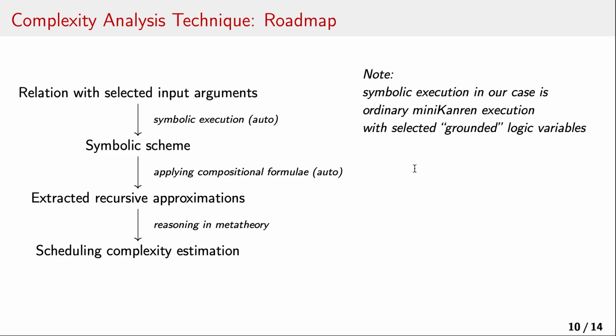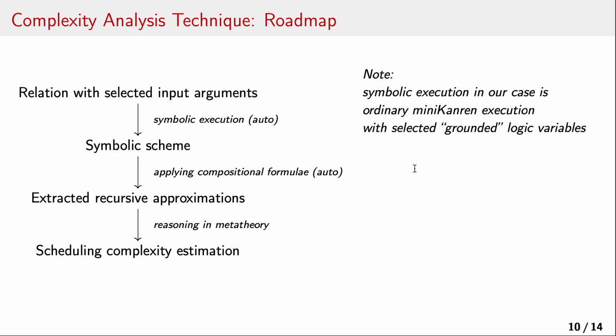From the symbolic scheme, we can apply the compositional formulae that I mentioned in the previous slide, and extract recursive approximations for this relation that relate measures for the initial relational call and measures for internal relational calls in the body.